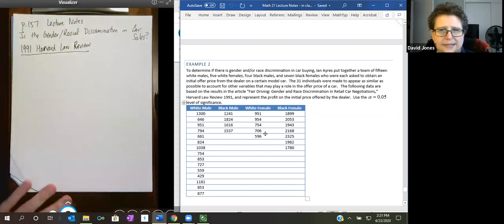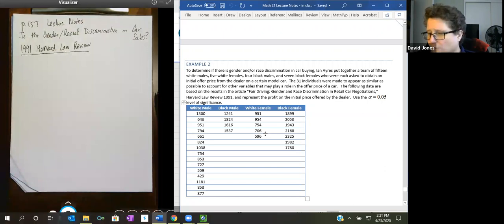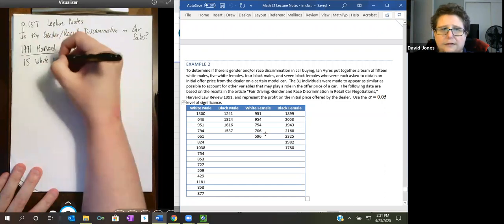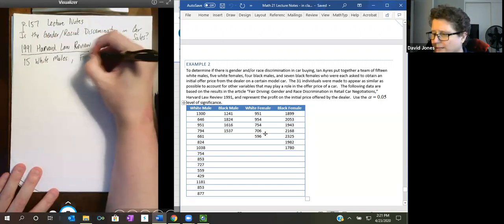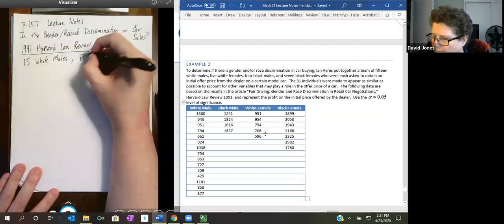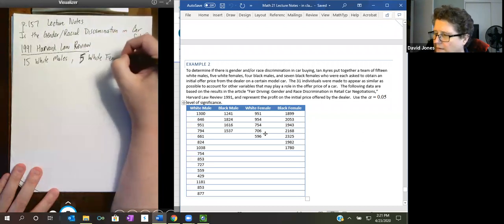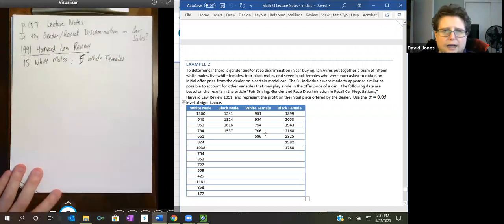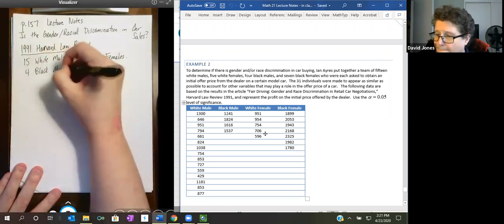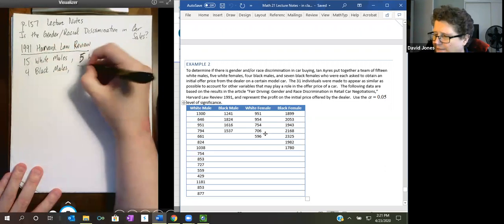They wanted to see if there was discrimination, so they put together a team. There were 15 white males, 5 white females, 5 black males, 4 black males, 7 black females.